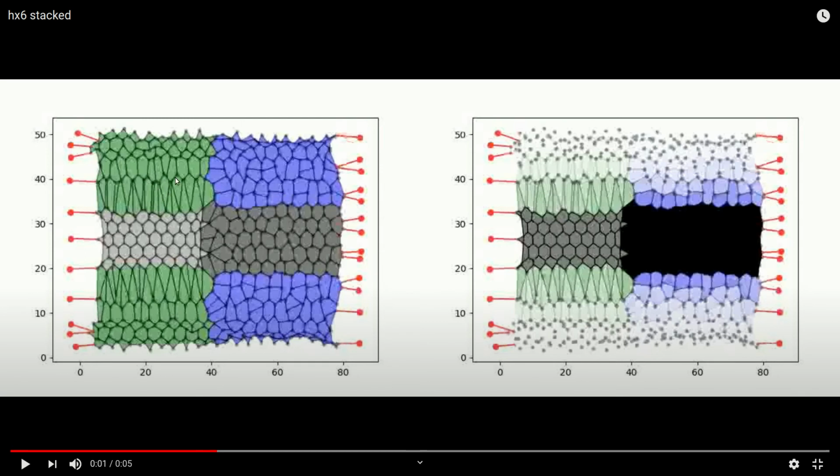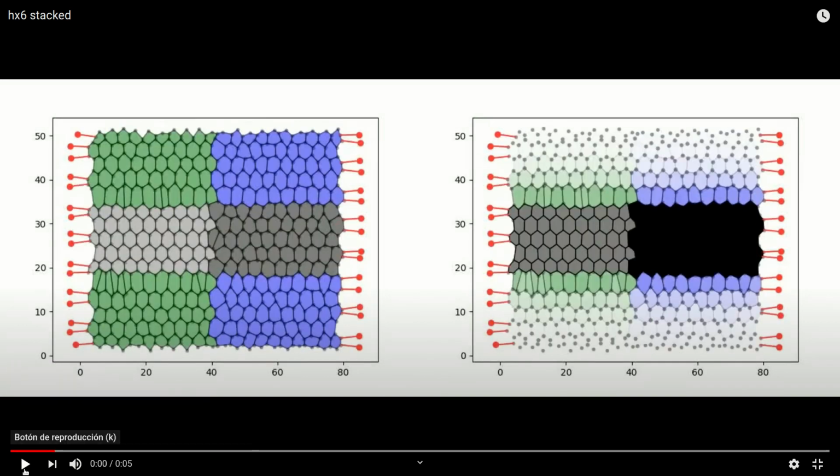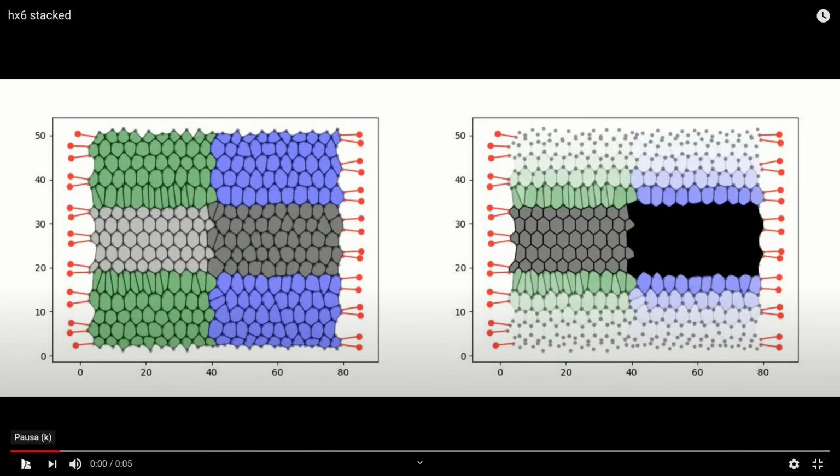So this is why they have this very strange shape. Okay, so as you can see, they orient their division in a vertical way, which is the same direction of the morphogen, and the blue cells do as before.